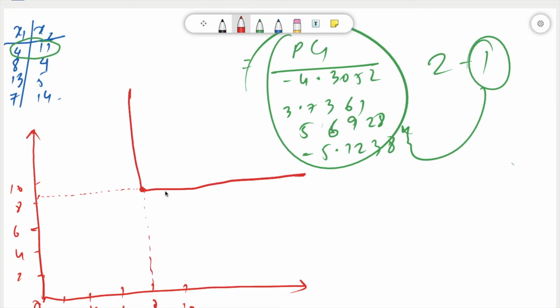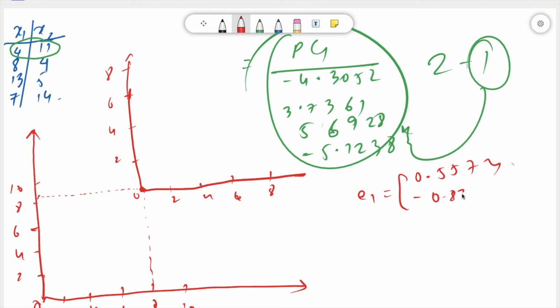So here we'll get 2, 4, 6, 8, 2, 4, 6, 8, and this will be 0. Next, we have E1 as 0.5574 and minus 0.8303, and we are going to plot this one.